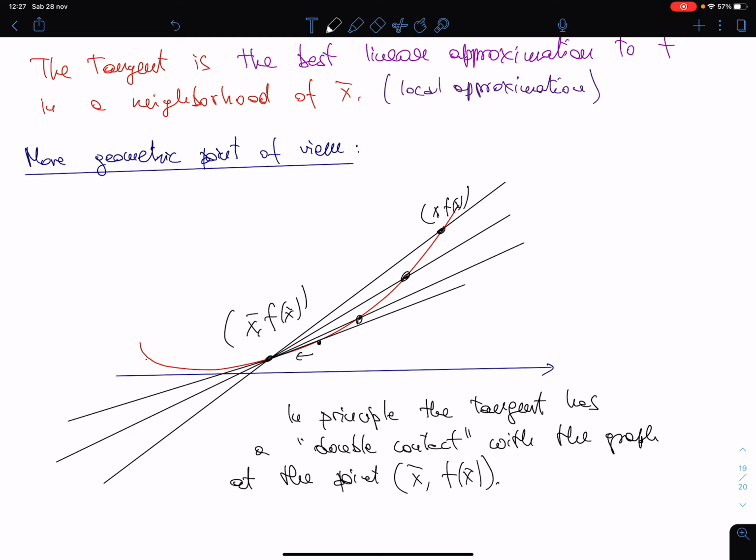Okay, this double contact. And this is why, at an intuitive level, again, always at an intuitive level, the tangent is closer to the graph than other lines.